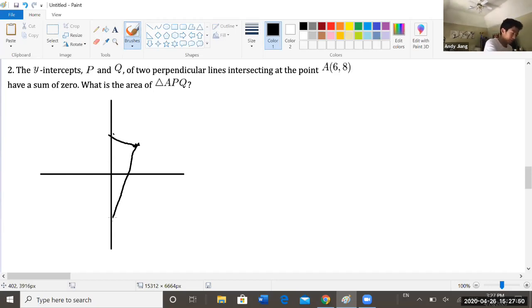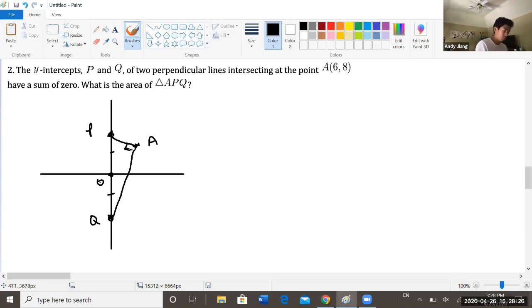So I'm going to assume that that's A, that's P, and that's Q. And it says that the y-coordinates here have a sum of 0, basically meaning that this length is equal to that length. Okay, so I have the origin here, let me call that O. I know that PO equals QO, and PAQ is a right angle.